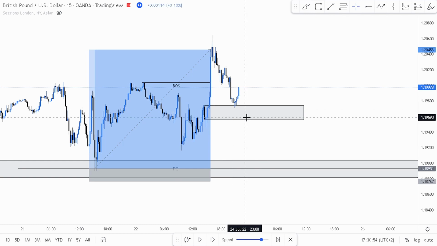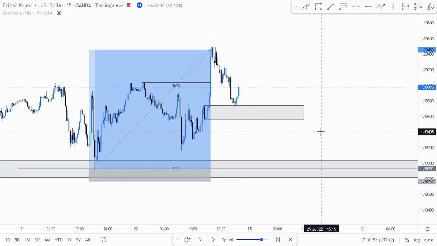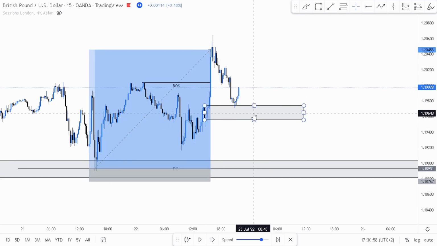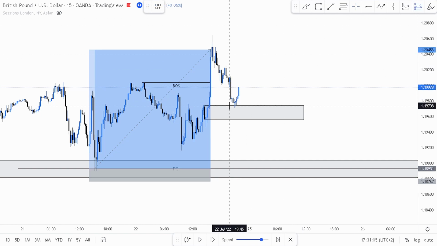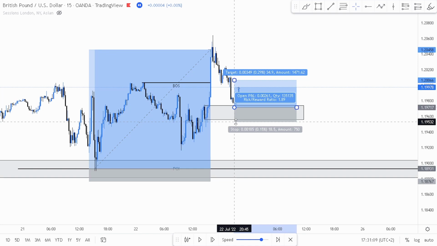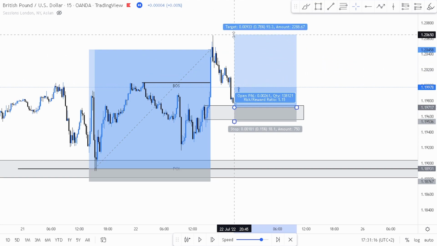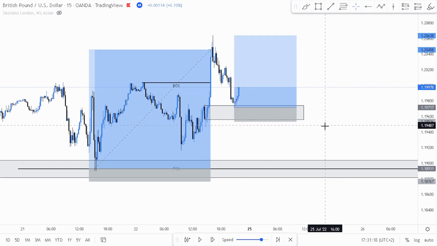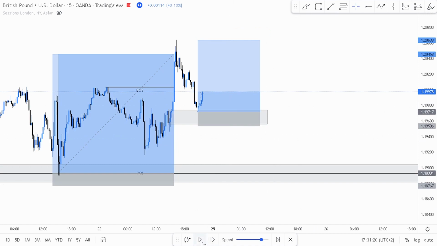Now, depending on how you take your entries as a trader, whether you wait for the 50% or immediately when price taps in, you'd be involved in this trade. So this would be our second trade, which is also quite a small stop loss, like 18 pips, and we are targeting our next highs. So let us see how this goes.